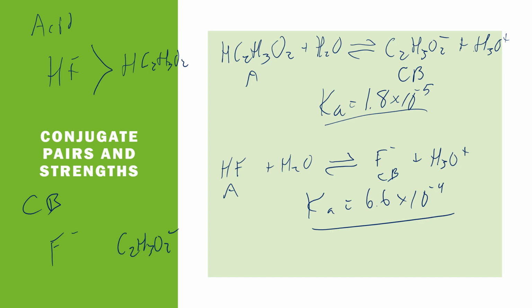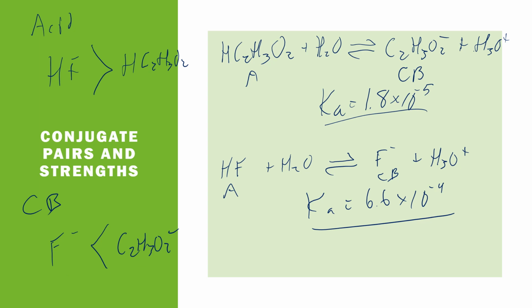So it must be in reverse, right? Because HF is the stronger acid, fluoride is a weaker conjugate base. Because acetic acid is a weaker acid, acetate is a stronger conjugate base. So that's how you can compare it.